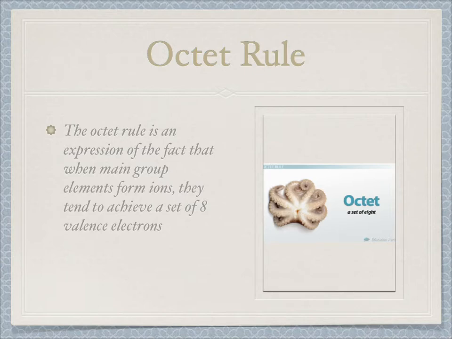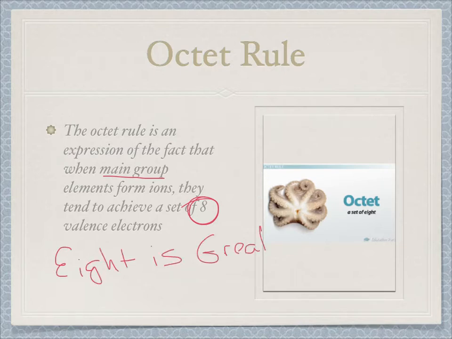The octet rule is kind of an expression that says that when the group A elements are trying to form ions, they always try to get to 8. They always try to get to 8. Or my version of this is 8 is great.